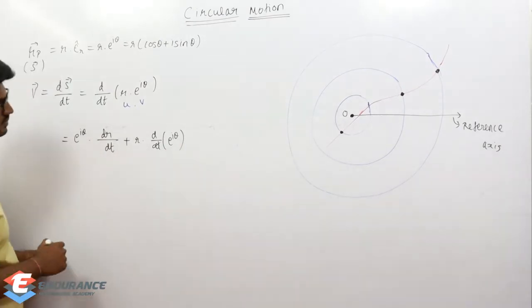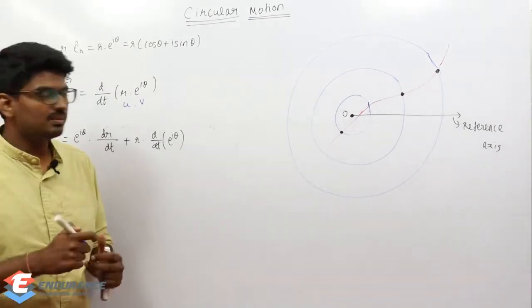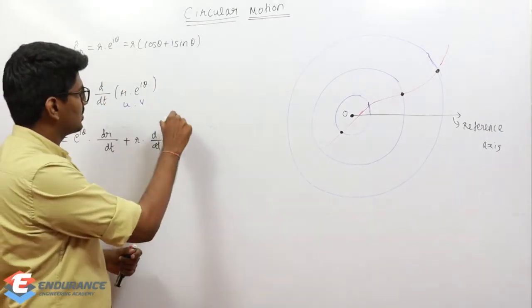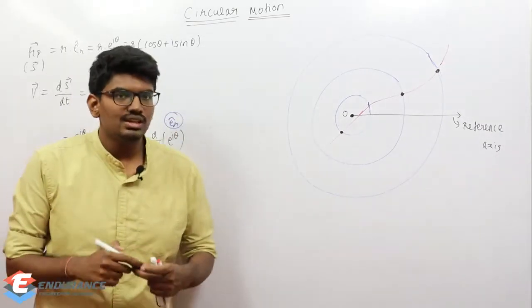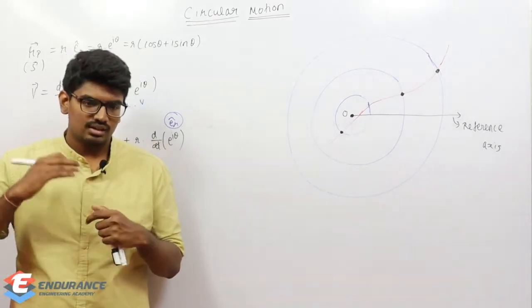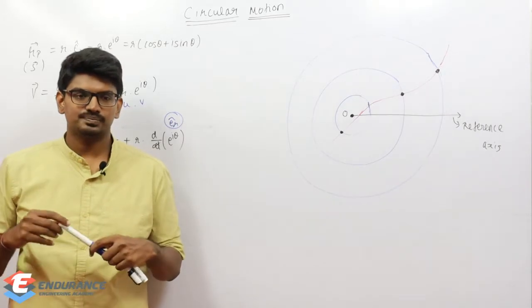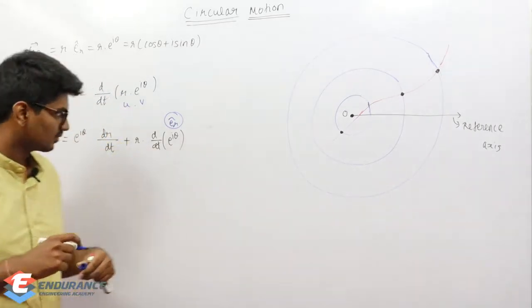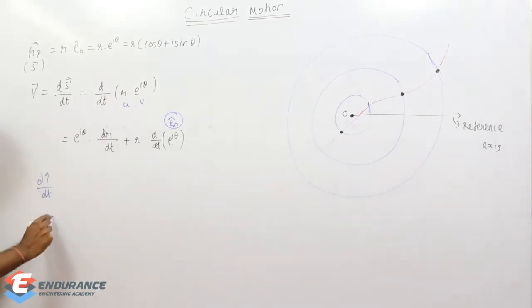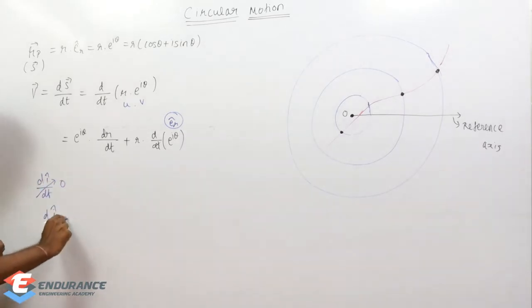Now the question is, e power i theta is nothing but what? E power i theta is nothing but er cap, the unit vector along the radial direction. When I was discussing Cartesian coordinates, what happened to di cap by dt and dj cap by dt? Both became 0. Why?